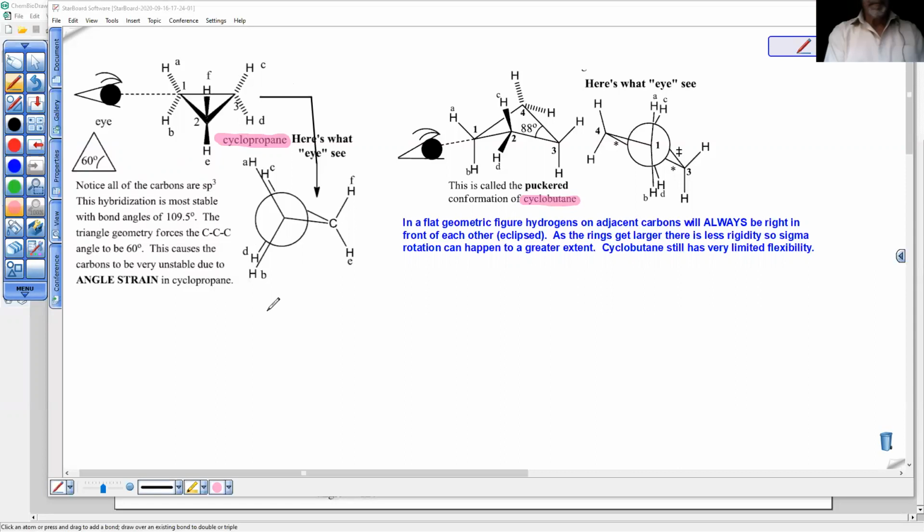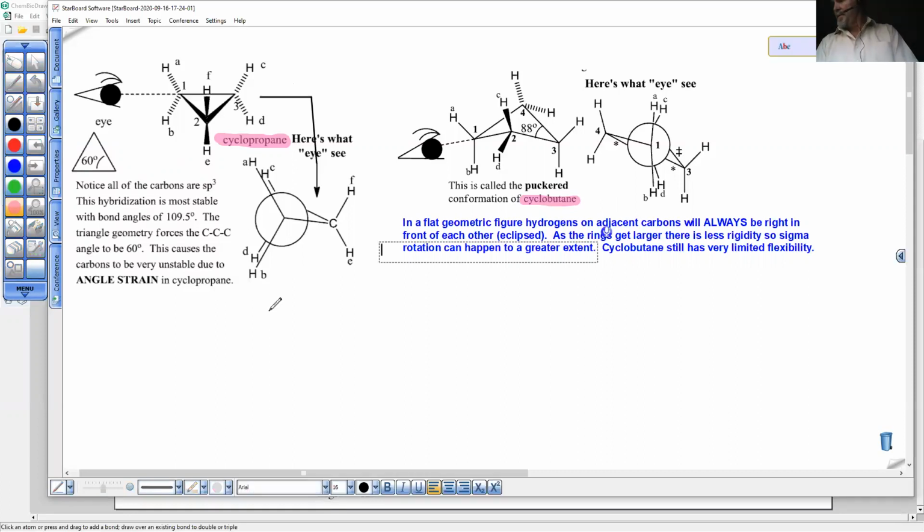Eclipsing, I tried, oops. Oh, it is there, okay. Eclipse, let's start with this. Small rings have limited sigma rotation.